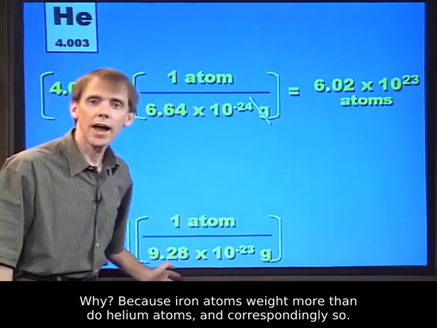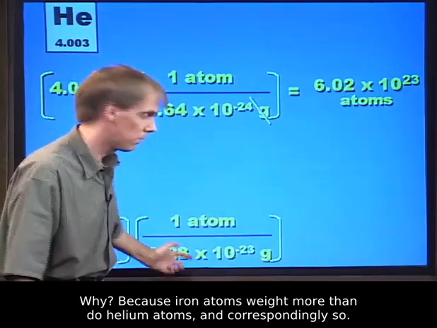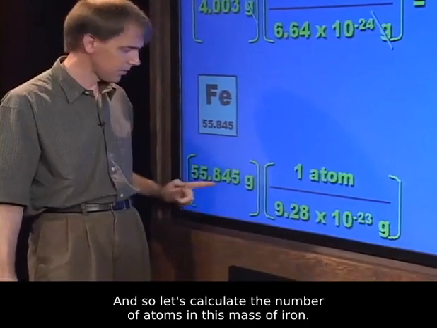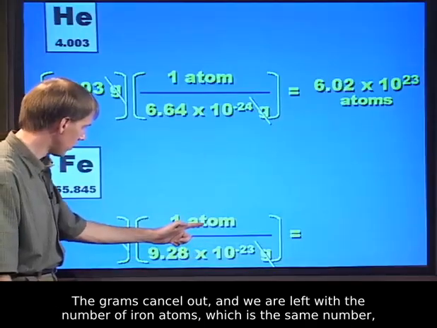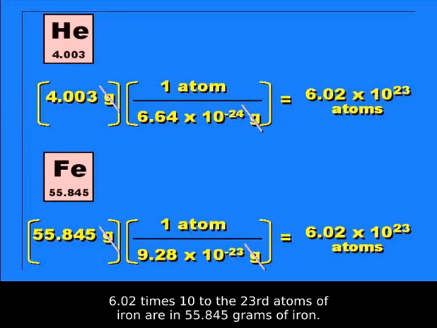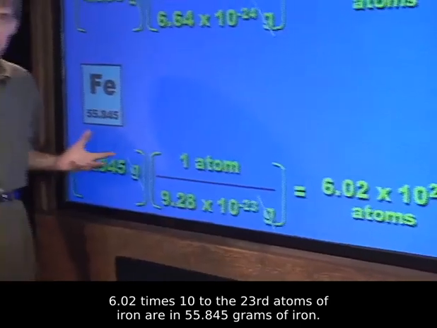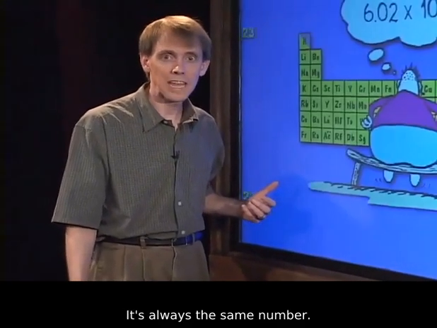Why? Because iron atoms weigh more than helium atoms. Let's calculate the number of atoms in this mass of iron. The grams cancel out, and we're left with the number of iron atoms, which is the same number. 6.02 times 10 to the 23rd atoms of iron are in 55.845 grams of iron. It's always the same number.